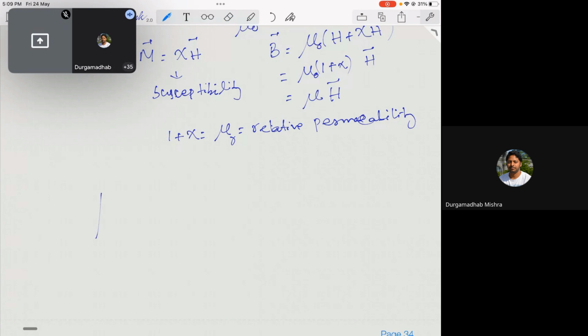So if I take a solenoid, with a wire wound around it, and I am passing a current through it, there is an H due to this current.